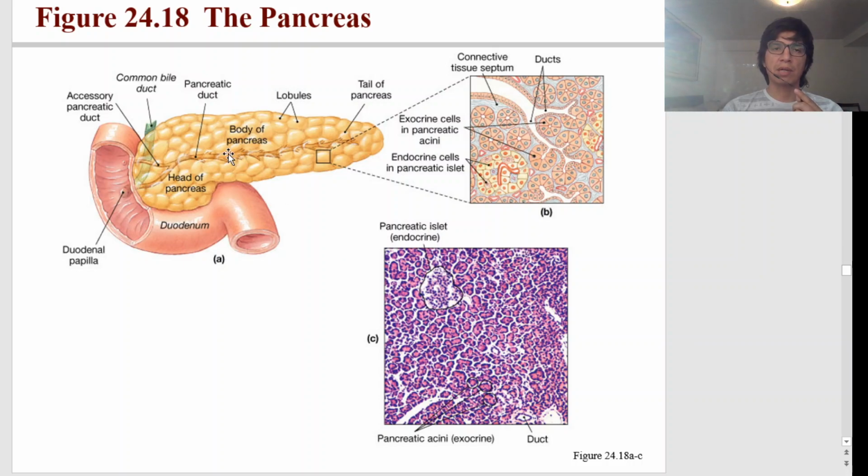From there, the pancreatic duct meets the common bile duct, and they release through the sphincter of Oddi, or the hepatopancreatic sphincter, into the duodenum. This is where you have stomach components, components from the liver, the bile produced by the liver, and all of these enzymes produced by the pancreas are going to mix at the duodenum.